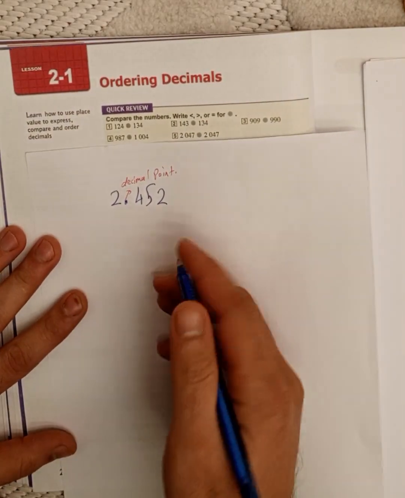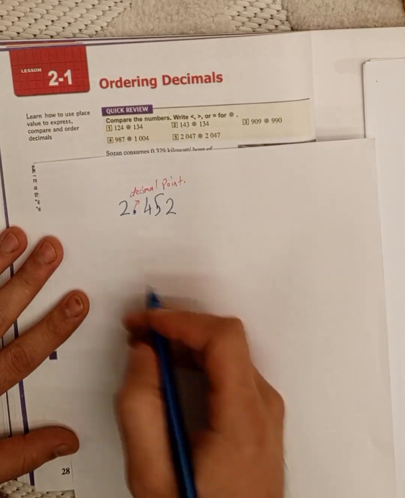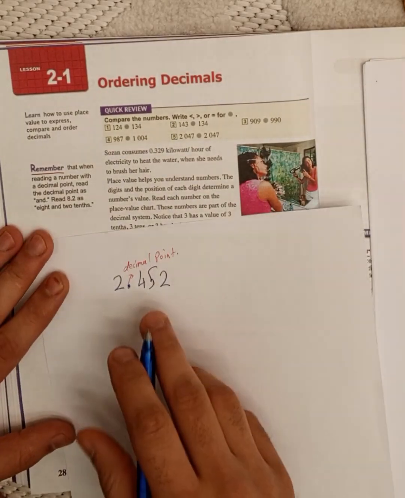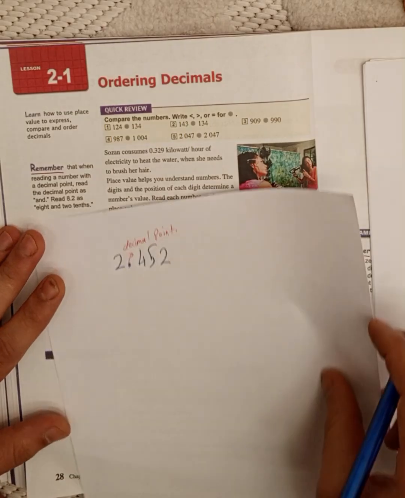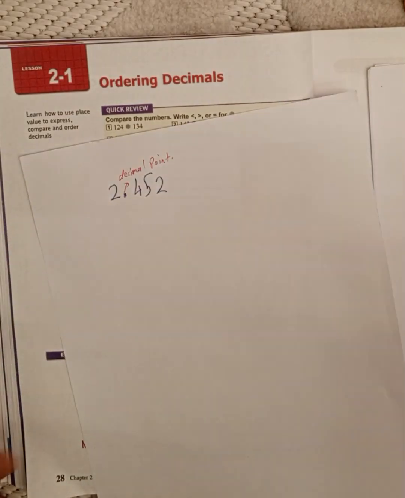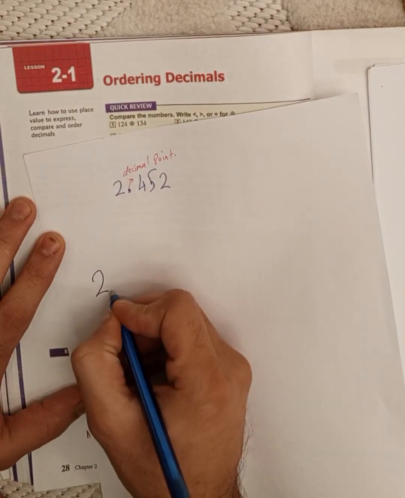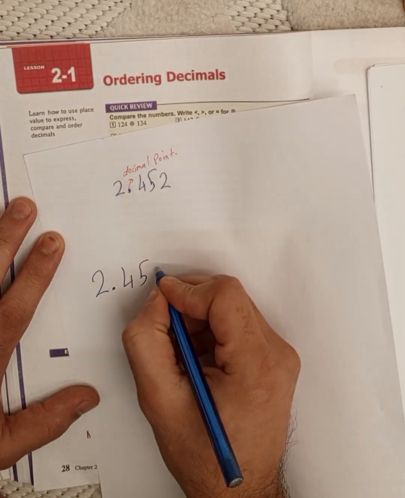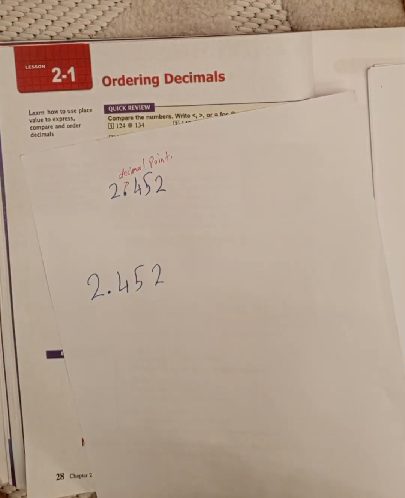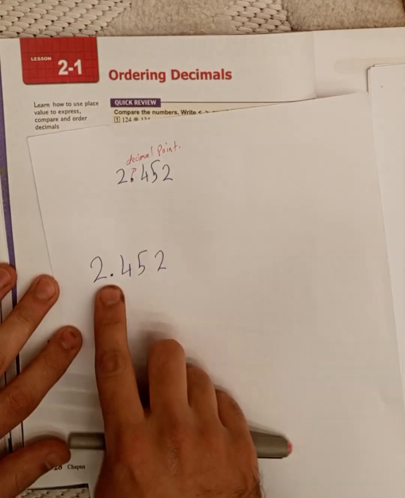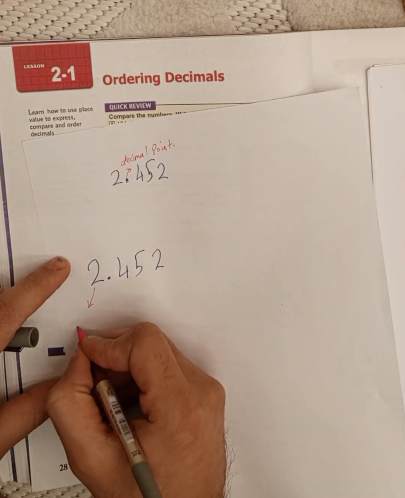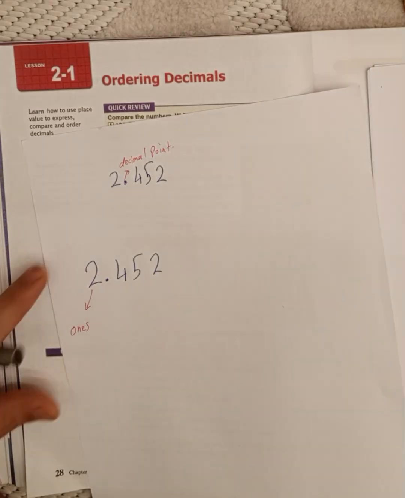Now we need to know the place value of each digit in a decimal number. Let's say 2.452. The first digit, before the decimal point, is called the ones place.